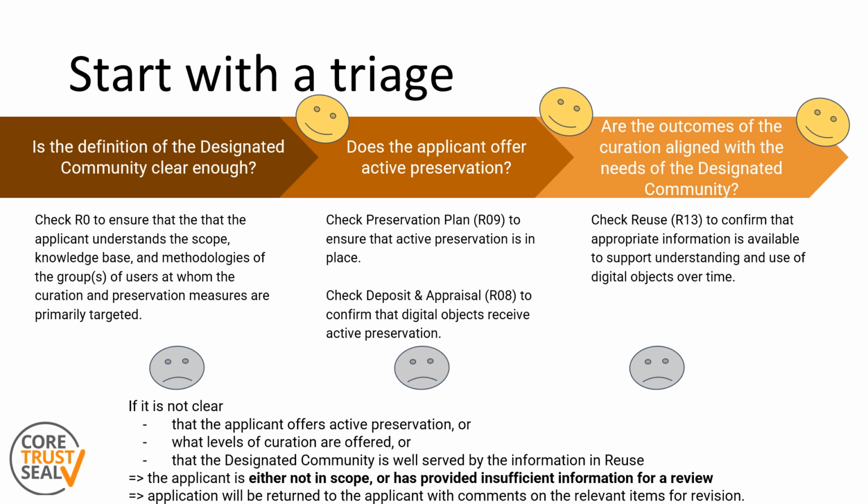If any of these three aspects is unclear, it is possible that the applicant is not in scope or that they may have provided insufficient information for a review to take place. The application will thus need to be returned for clarification.